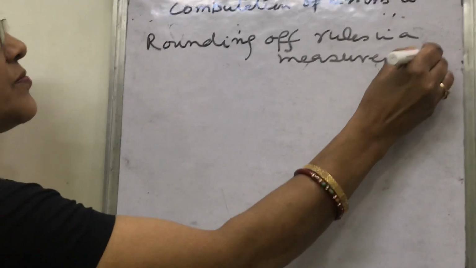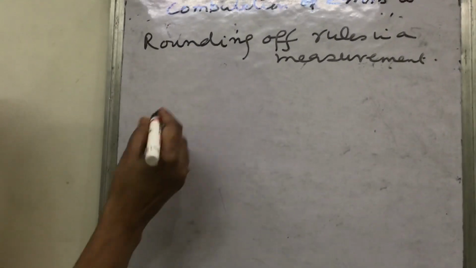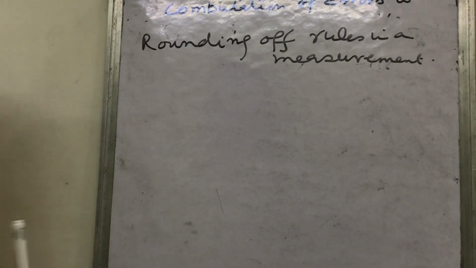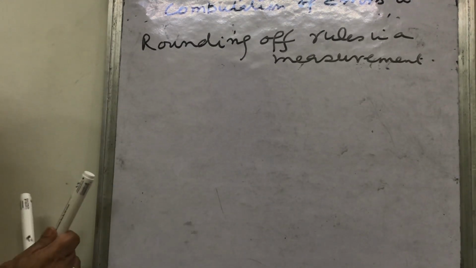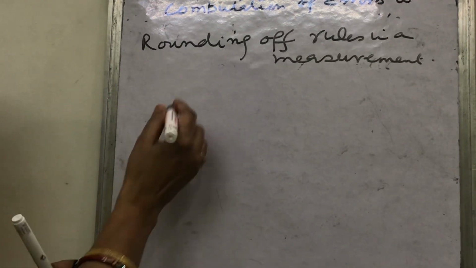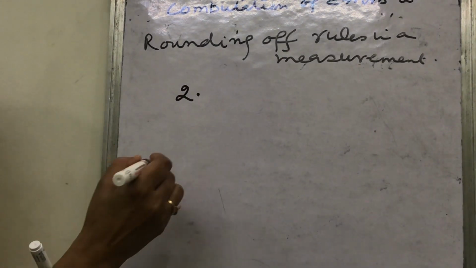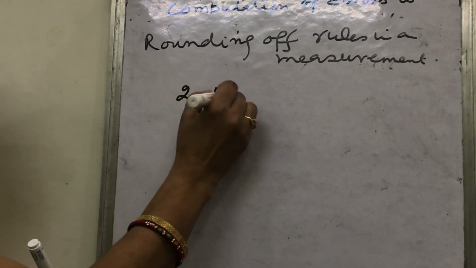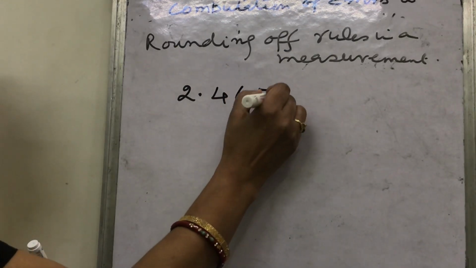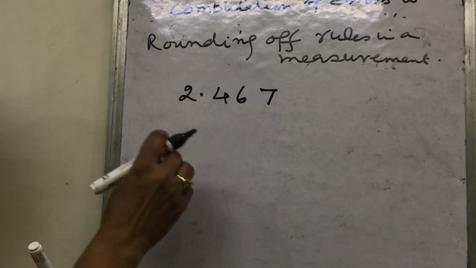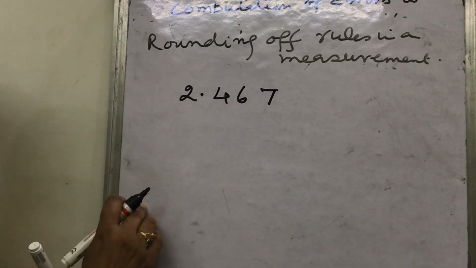Suppose they are very easy. I think most of the students will be knowing it. Suppose it is given that there is a quantity 2.467. Round off up to 2 places of decimal.